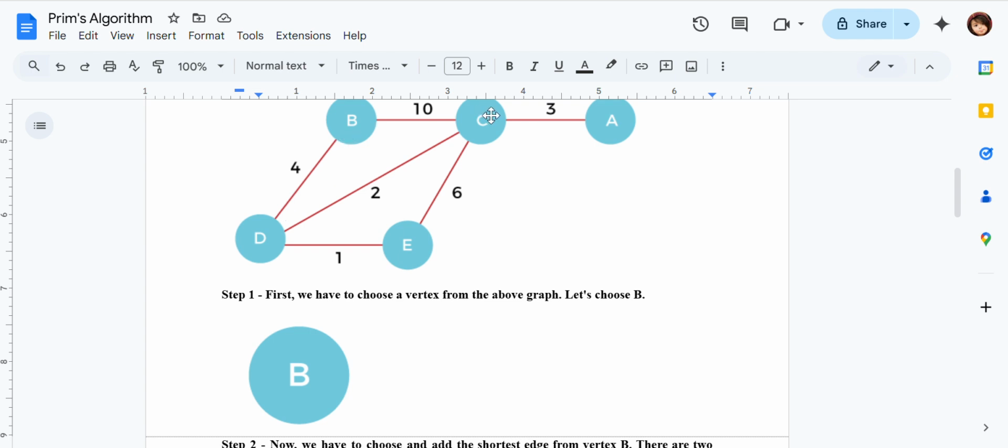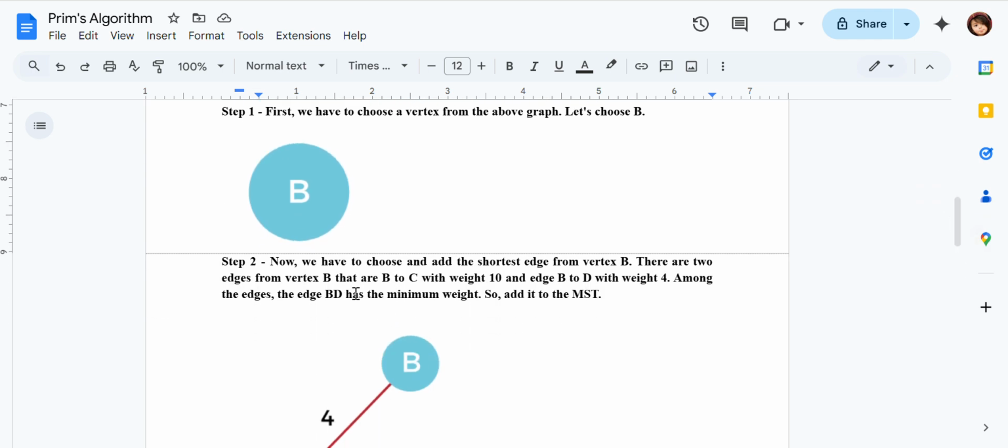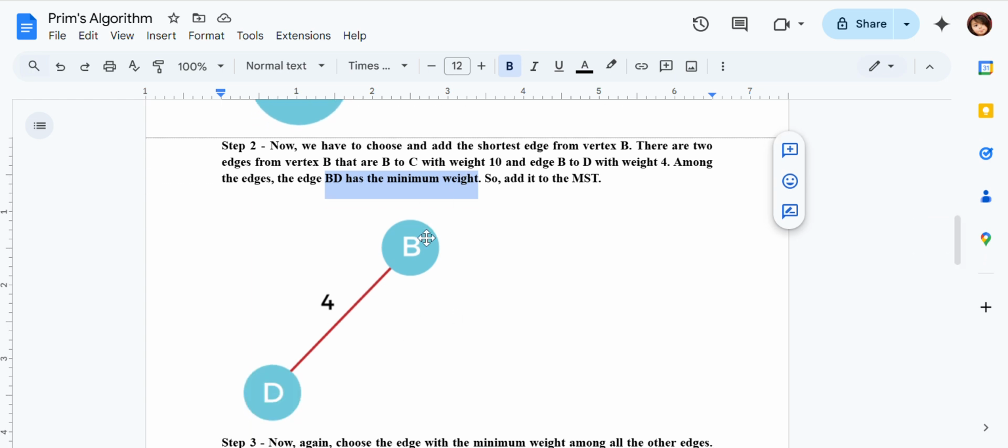From the two adjacent vertices you see which is the minimum and add that. We have BC is 10 and BD is 4. Among the edges, BD has the minimum weight. So let's add that to the minimum spanning tree. Now BD has been added because it has the minimum weight.